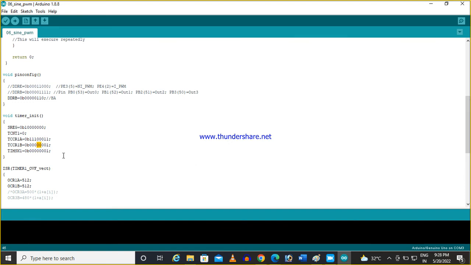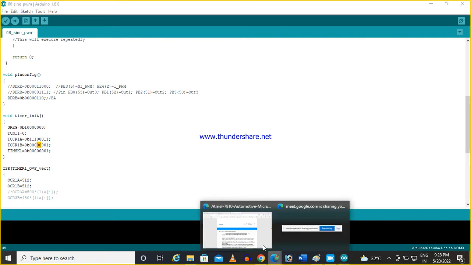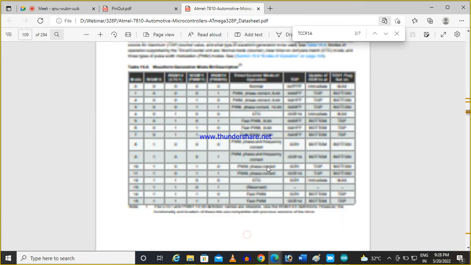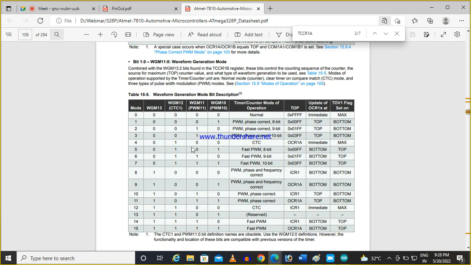So basically in WGM I am setting those 4 bits 1-1-0-0. Now I am going to the WGM setting. So what am I using? This is 1-1-0-0. This setting I am using: phase correct 10 bit PWM.